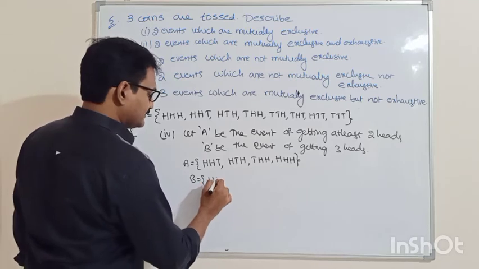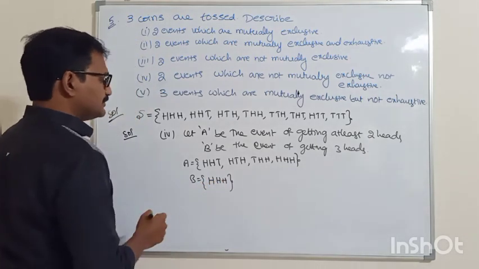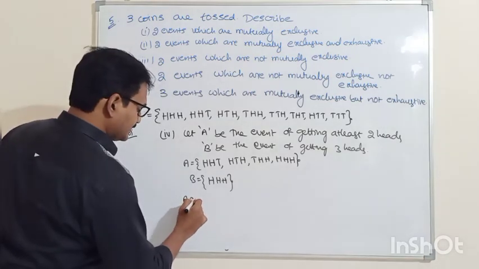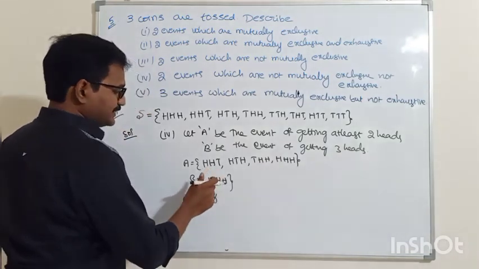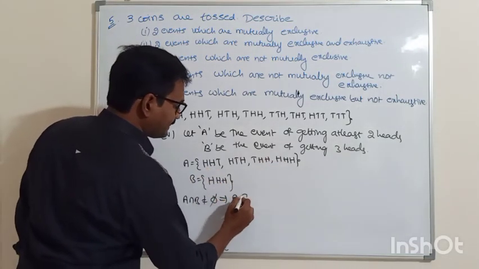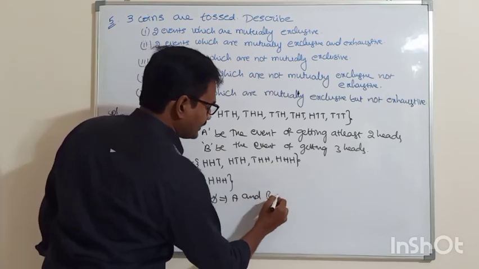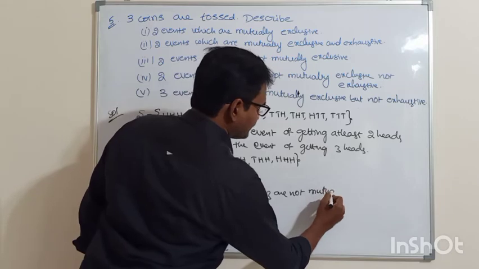Three heads. Now what is A intersection B? A intersection B is not equal to null set because triple H is common. Therefore A and B are not mutually exclusive.